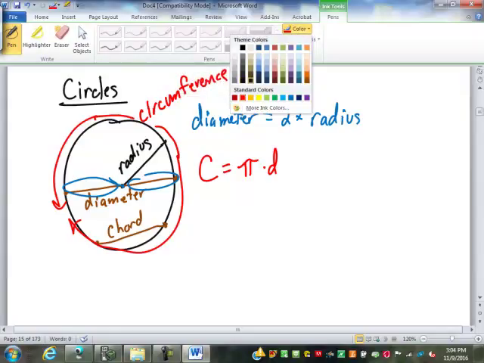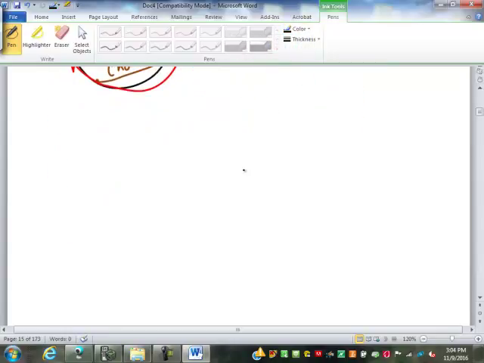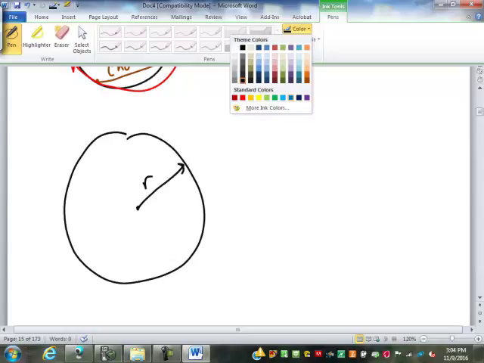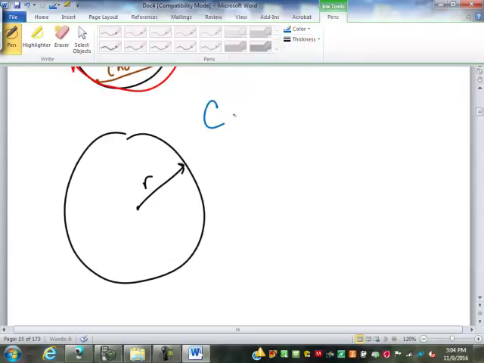If I want to find the area of this, let's take a circle with radius here, and I'm going to call that radius r. The circumference is pi times the diameter, or since the diameter is just 2 radii, I can think of it as 2 times pi times the radius, because 2 times the radius is the diameter.